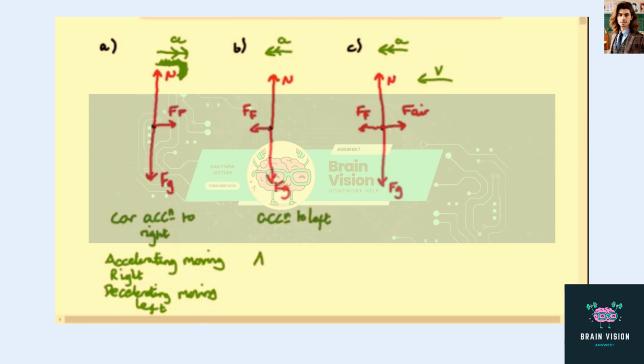So it's either accelerating while moving left, or decelerating moving right. And I know my handwriting's a little bit choppy. It's just one of those things, I'm afraid, for writing on a computer.